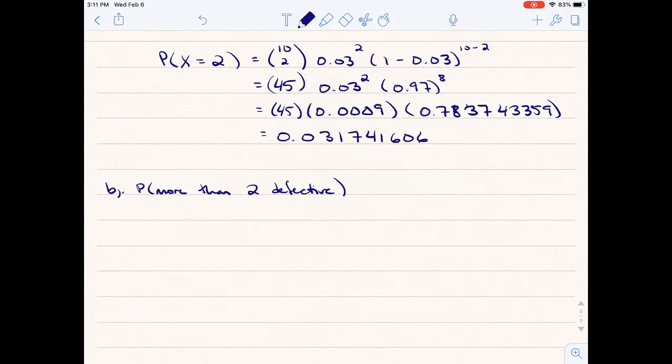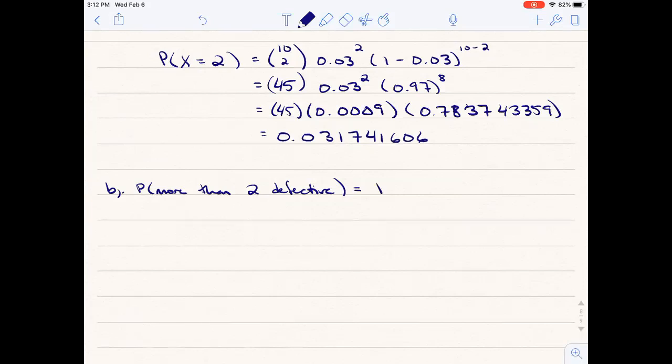Or just remembering that the total probability has to be 1. So what you can do is find the probability of 0 defective and the probability of 1 defective, and subtract those from 1. Much easier, right? Then you only have to find 2 of them instead of a lot of them.